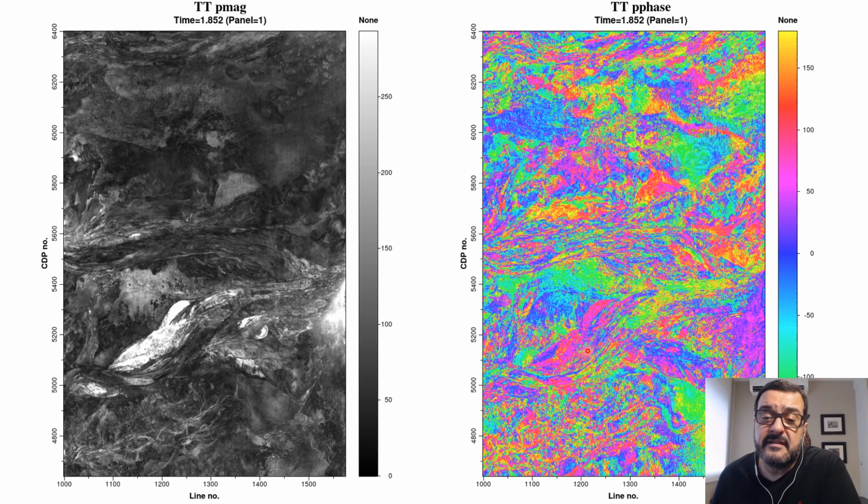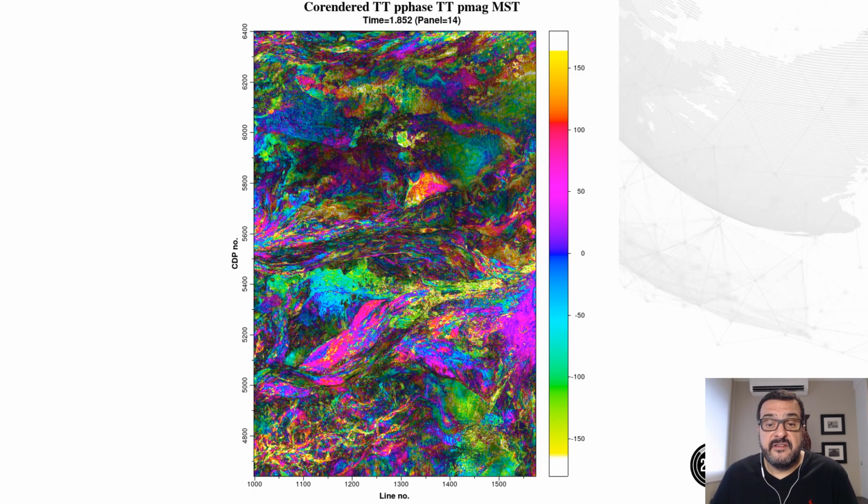And the phase shows exactly what we expected about the phase rotating in the bright spot region. Correlating the phase and magnitude, we see the phase only where the magnitude is high. This beautiful figure here confirms our assumption about the phase rotation at the bright spot.